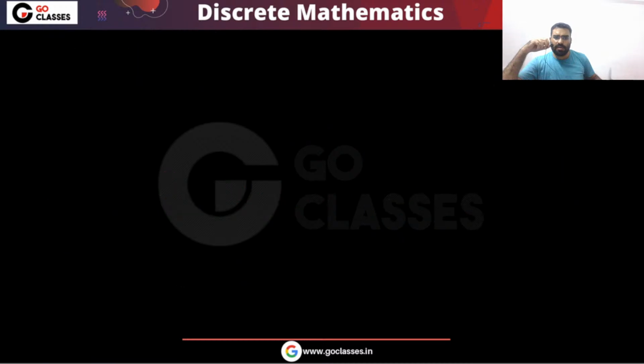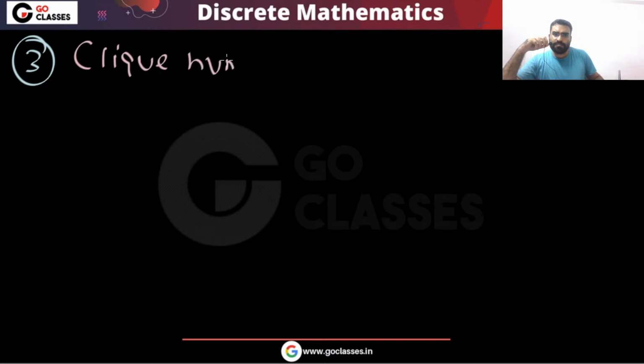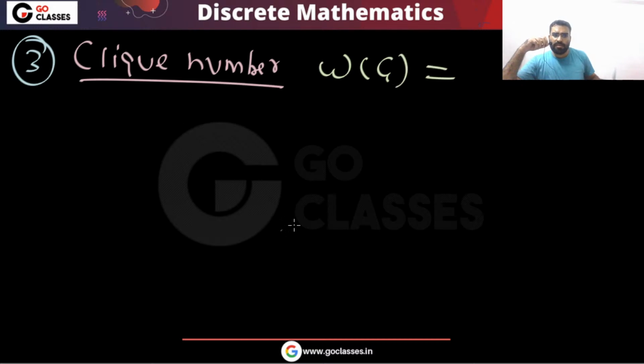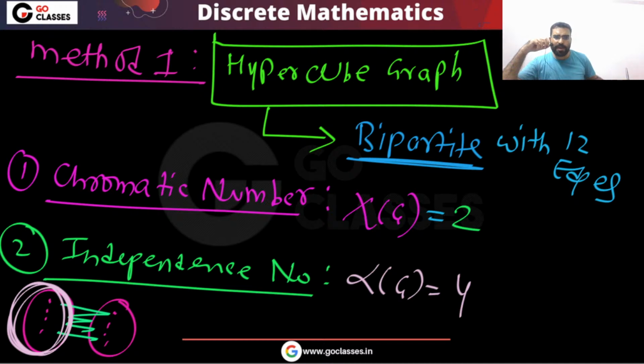Okay. Next, what is the clique number? What is the maximum size complete subgraph? The clique number omega is the maximum size complete subgraph. That will be 2, because this is a bipartite graph.